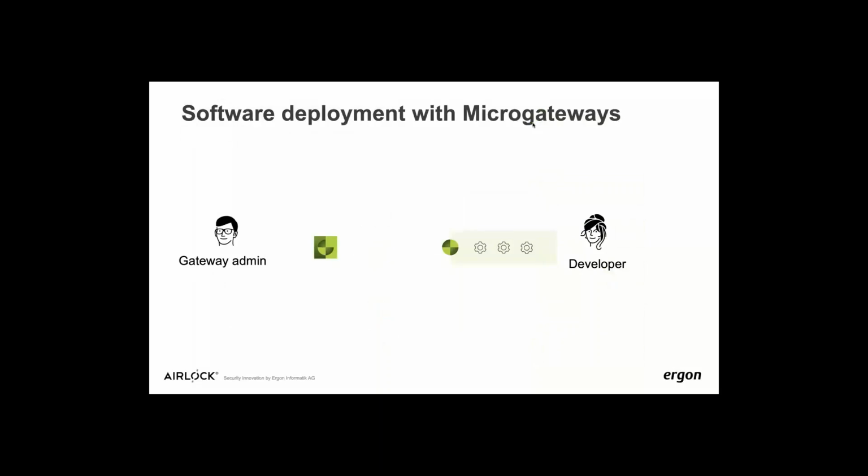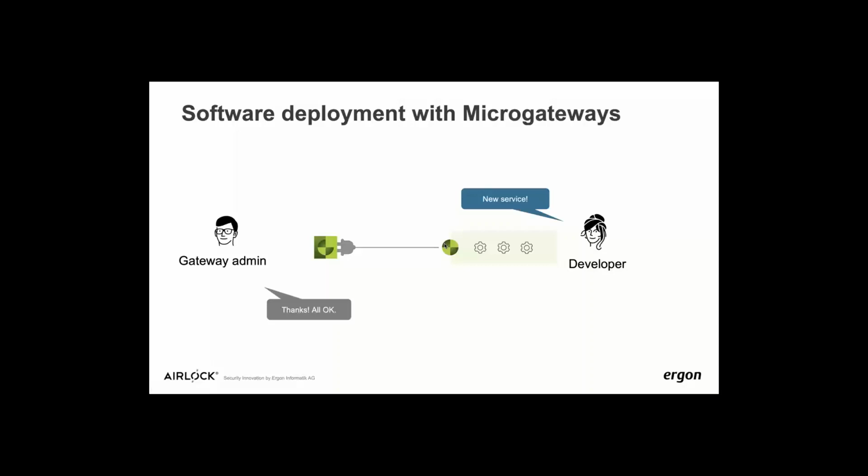So if we separate responsibility in this way, then software deployment could be a lot smoother. When the developer has a new service, and think about the back and forth ping pong, then at this point, the security policy of the service is already integrated on the microgateway, and the gateway admin doesn't have to care about it actually.